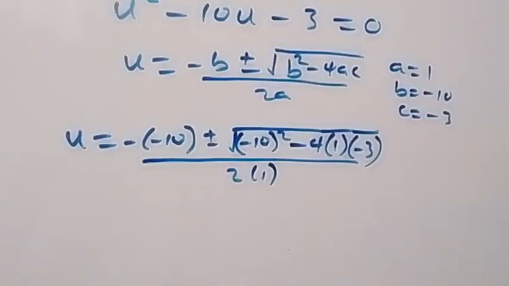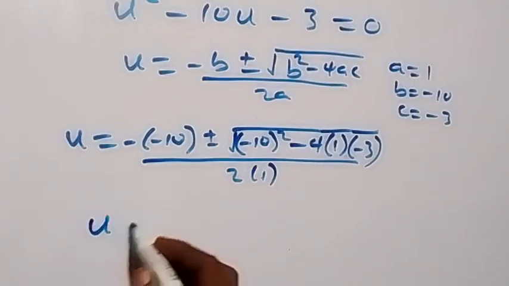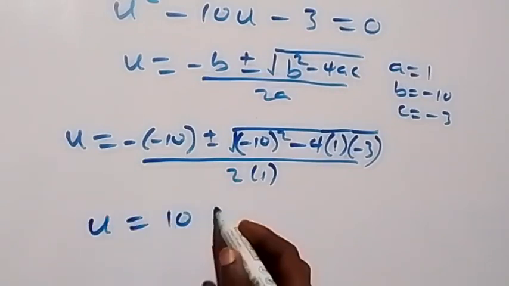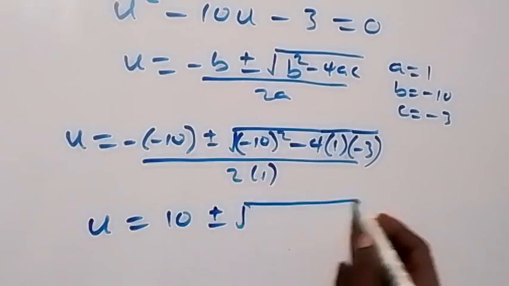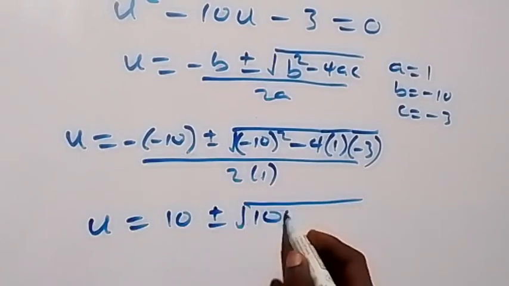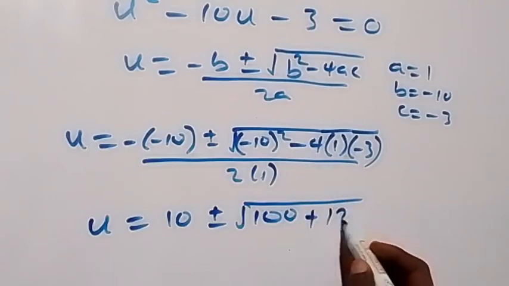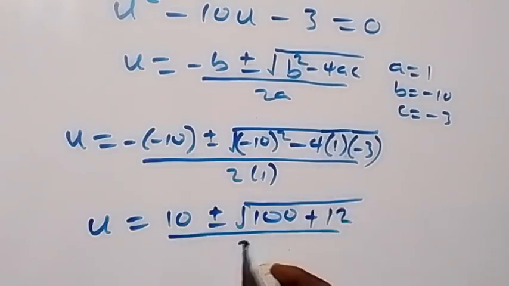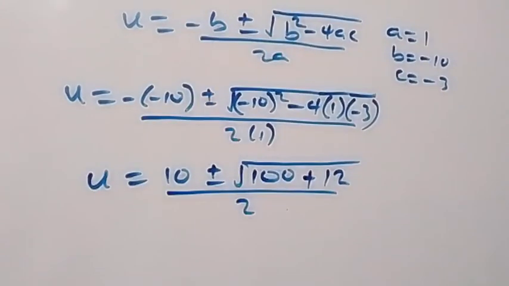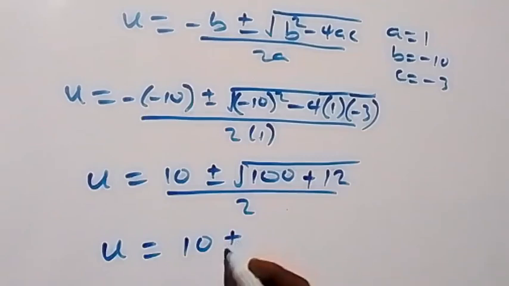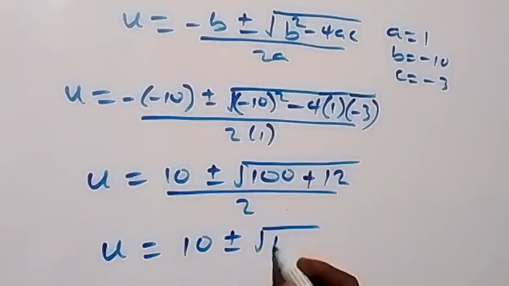And here, what we have gives us u equals 10 plus or minus square root of minus 10 squared, here is 100. Then we have minus 4 times minus 3, that's plus 12. Then over 2. And here we have u now equals 10 plus or minus square root of 112 over 2.